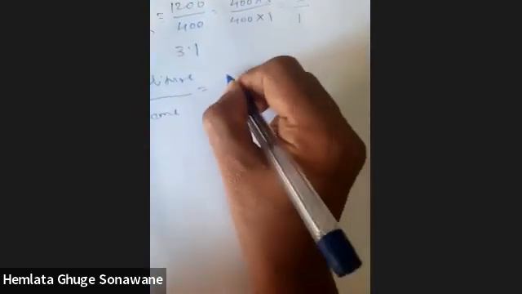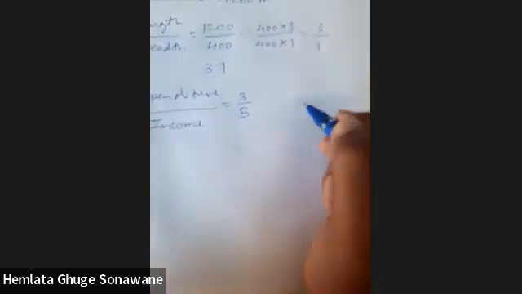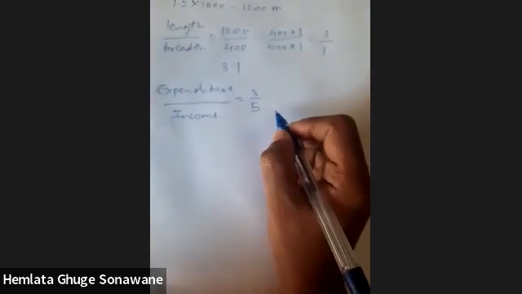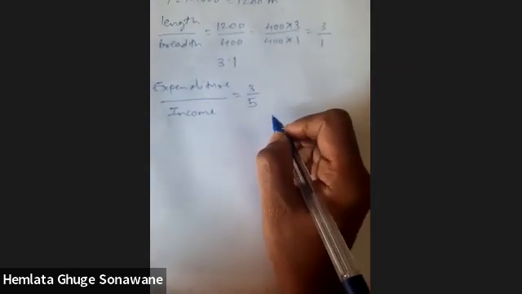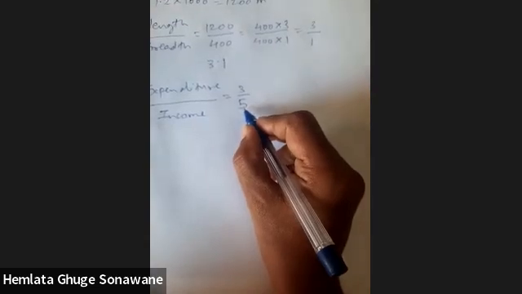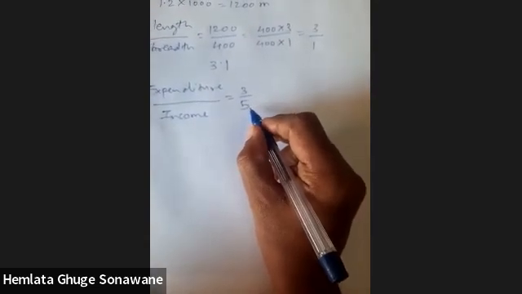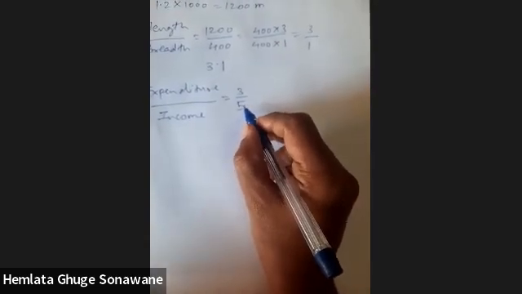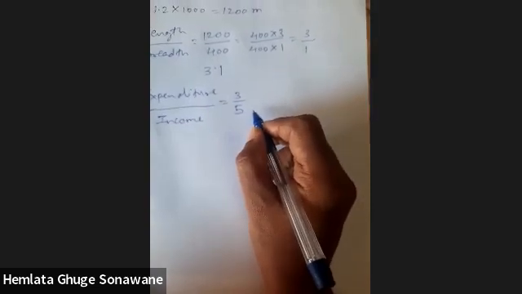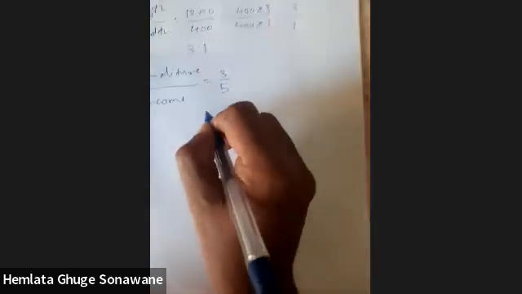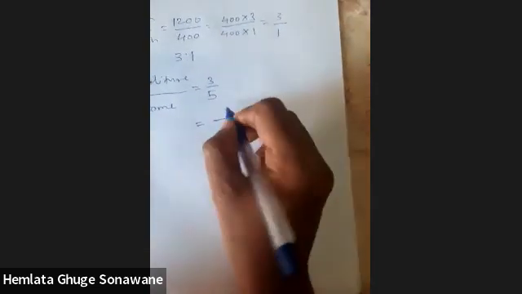What is the ratio? That is 3 to 5, means 3 upon 5. Now we have to find out the percentage. So here we'll find the number by which to multiply so that we get 100. That is to indicate percentage. So here we'll multiply by 20.